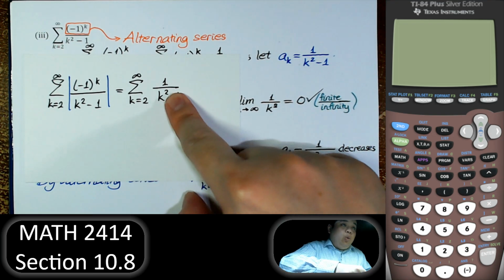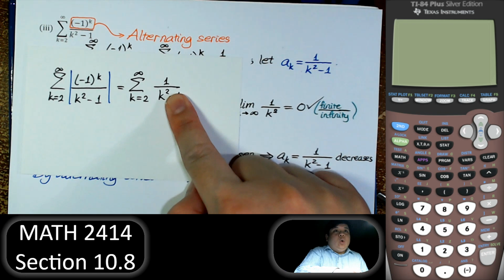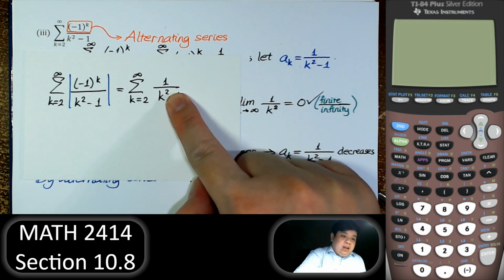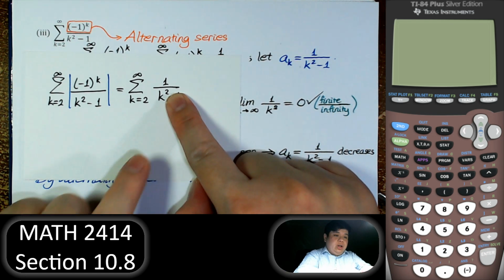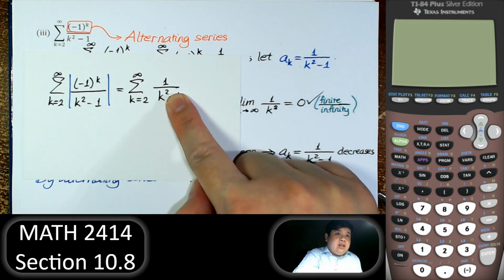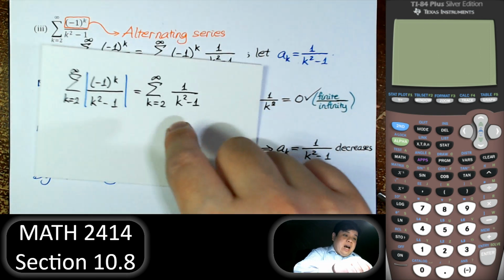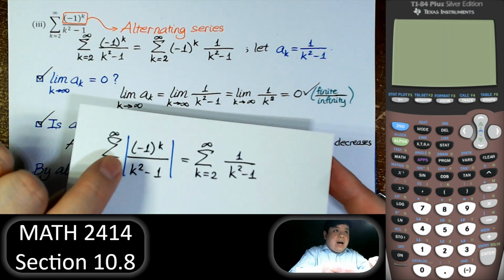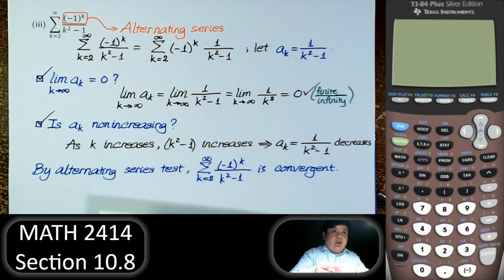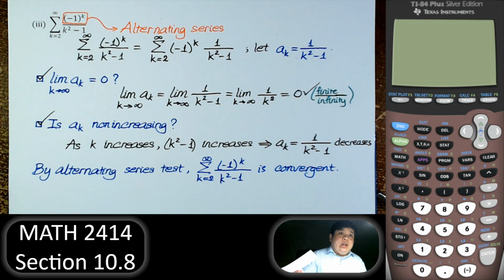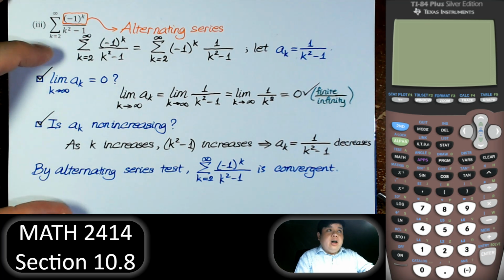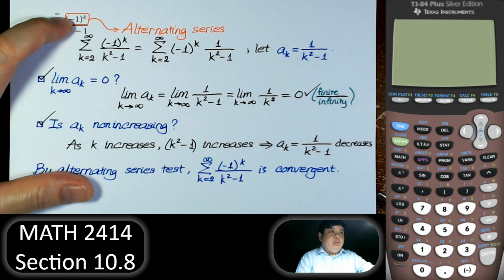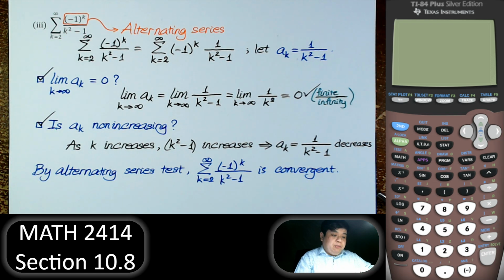And we compare to 1 over k squared, which is a p series where p equals 2. So this series is convergent. So we say that it is absolutely convergent. If it is convergent with the absolute values, it will be convergent without them. So this is another way to do that. But usually if we have negative 1 to a power, that's an alternating series, and we don't have to do much.